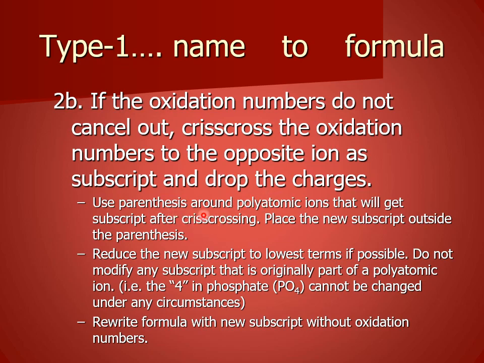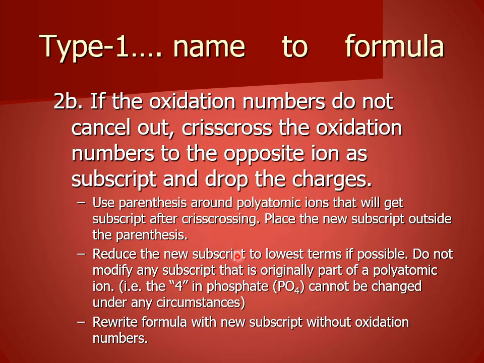And if a polyatomic ion is involved, it's a good idea to group it in parentheses, especially and necessarily if there is a subscript that will go outside the polyatomic ion. You've got to keep it in parentheses. We had nitrate a little while ago with aluminum nitrate, and it had to stay in parentheses for the formula. Without the parentheses, it would have looked like 33 oxygens. So the new subscript would be placed outside the parentheses.